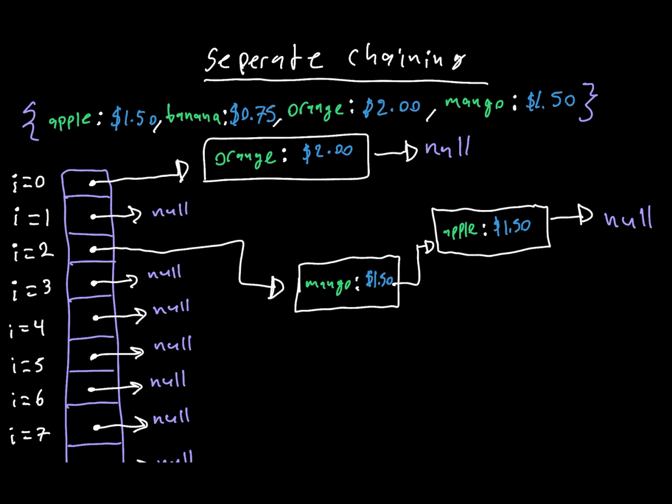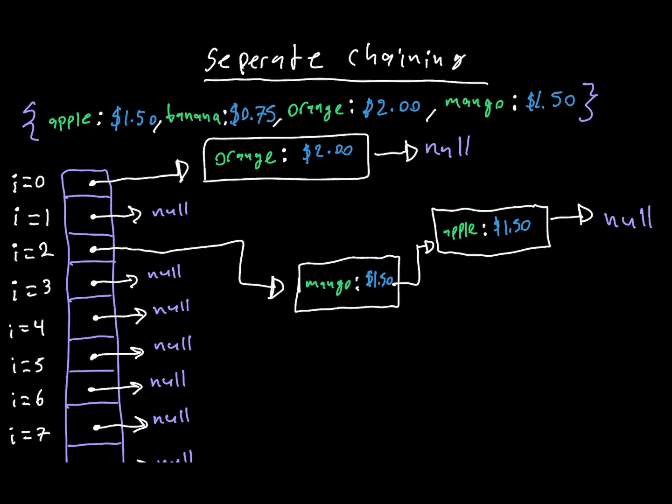right? This is great as an index can hold multiple nodes, right? But the issue that arises is as the linked list gets bigger, the efficiency is going to tank. So imagine you have a horrible hashing function that results in the same index for all nodes in your hash map.